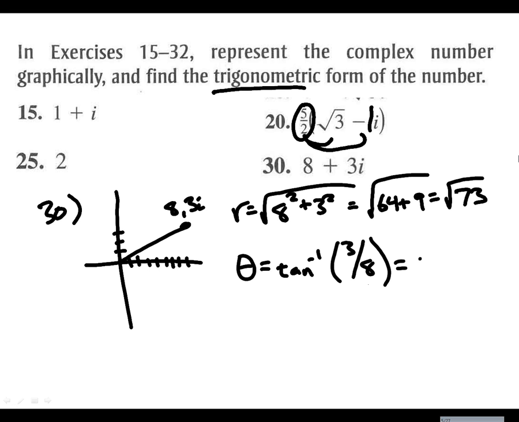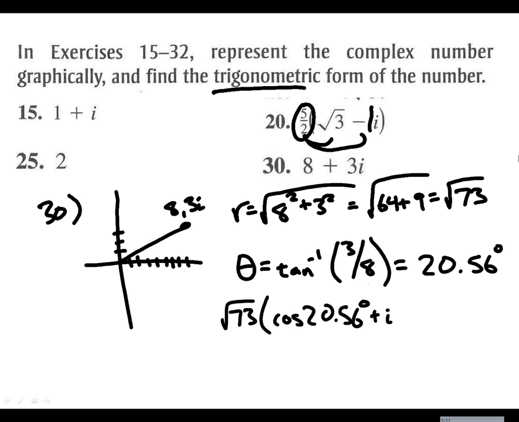If you're in degrees, which we probably all are, it's 20.56 degrees for our theta. All right, so let's write that out in trig form. We're going to have root 73 cosine 20.56 degrees plus I sine 20.56 degrees. In the shorthand, we could just write root 73 CIS 20.56 degrees.